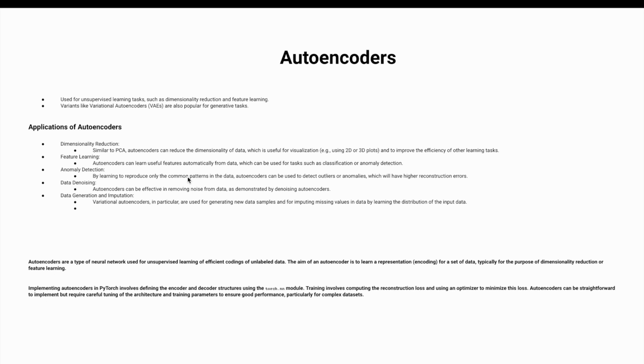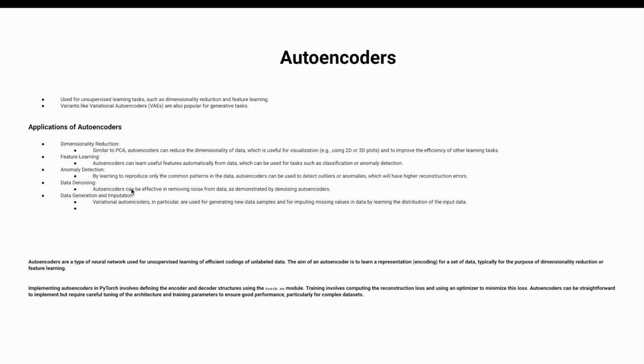They can reproduce the patterns in a cat and classify the cat, reproduce the patterns in a dog and classify it in the dog category. So if there's any anomaly, because it's learned those patterns, it can see the anomaly and be used that way to detect an anomaly.